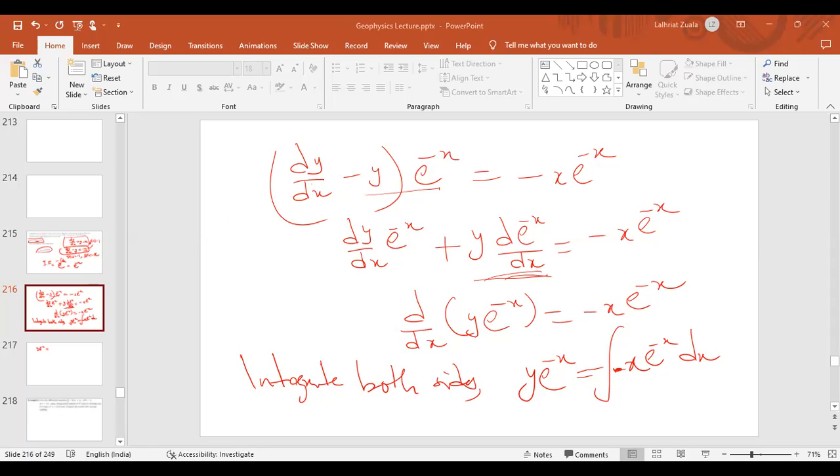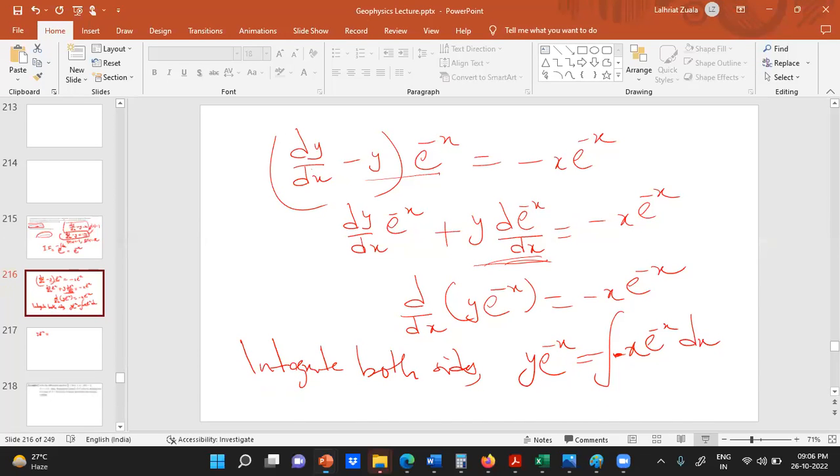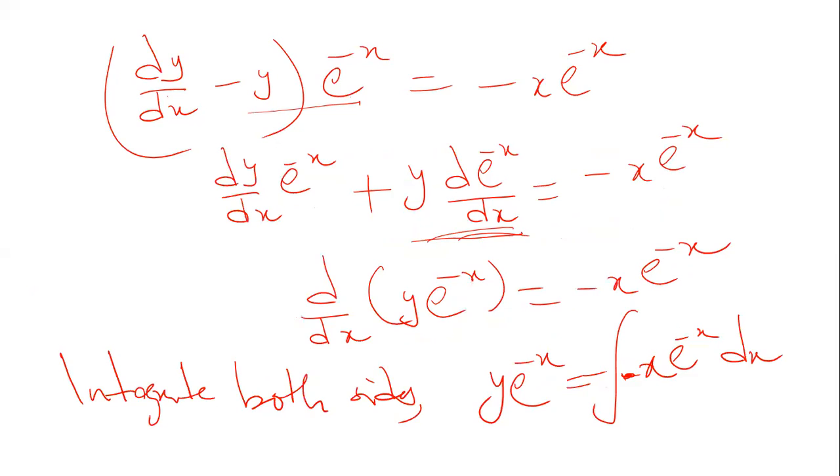Yeah, okay. So I think if I remember correctly, it was something like this. You remember there is a minus sign here.